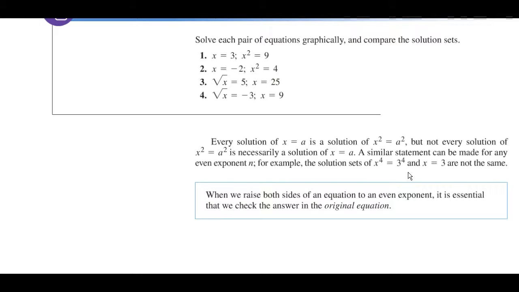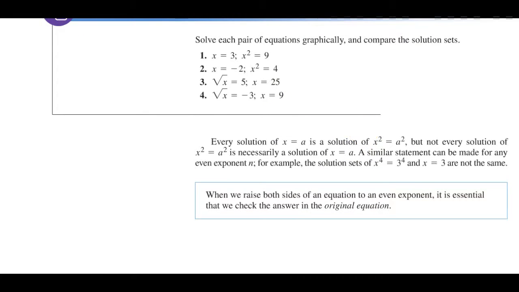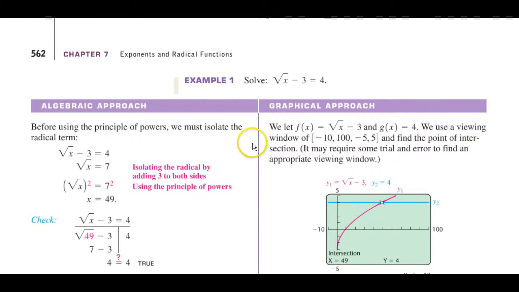That is, it's not true. So we have to be careful and try our answer in the original equation. That's one of the little problems with this power rule. So let's go on.